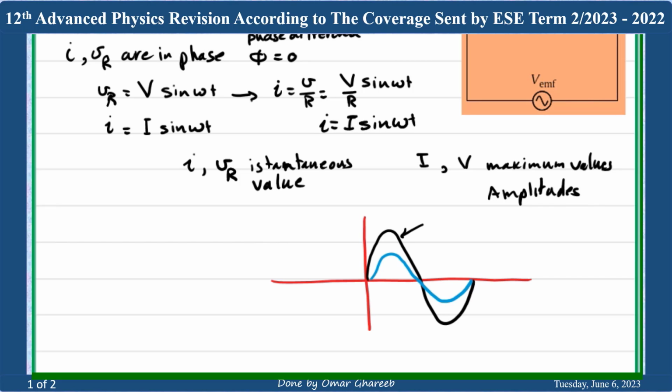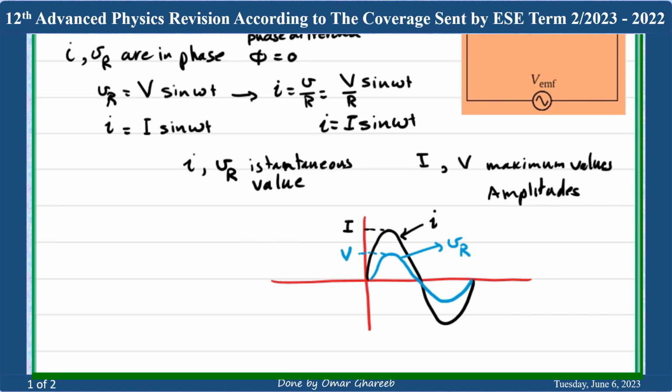This line represents the instantaneous value at any time. Here is the instantaneous current, and that one the instantaneous voltage. This amplitude is the maximum current, and the blue one is the maximum voltage.